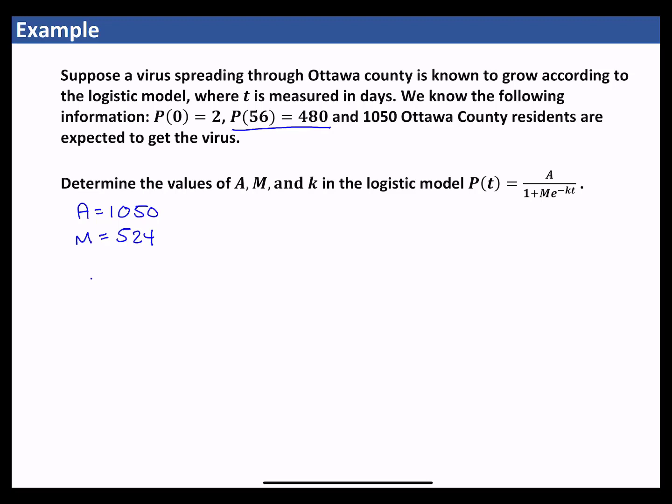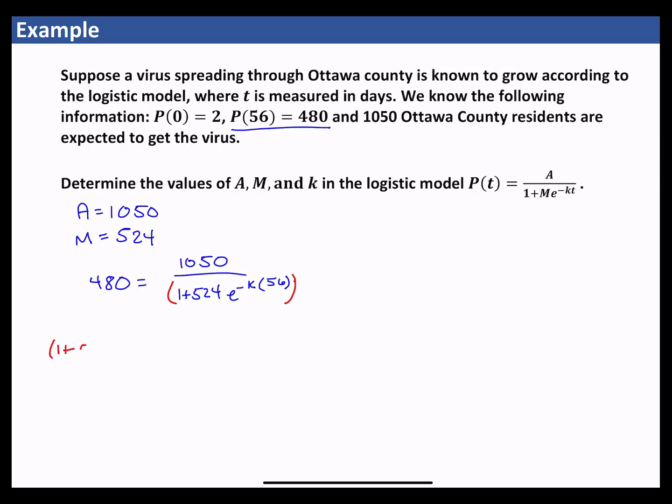So we know if we set p of t equal to 480, we'll have 1,050 divided by 1 plus 524 e raised to the negative k times t, and t is 56 when the population is 480. So we're going to multiply both sides by the denominator. Our goal is to get k alone.